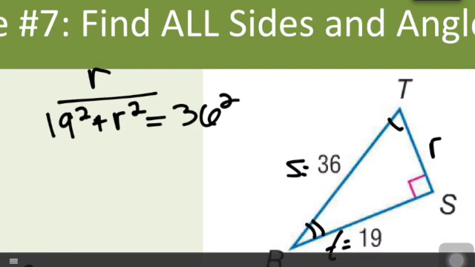So let's go ahead and plug that into my calculator. Now I'm going to end up with r squared equals 935.